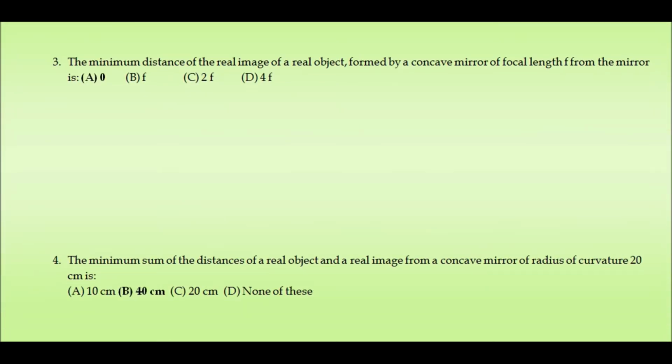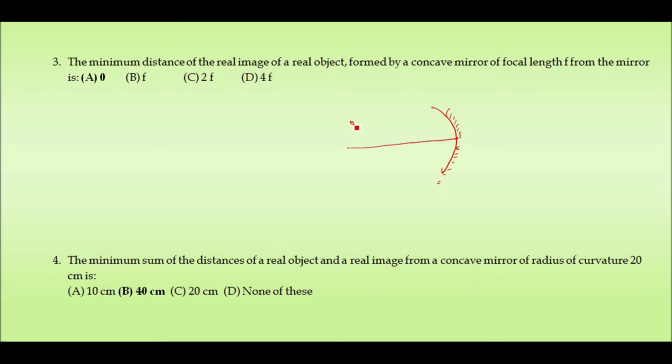Now the third problem: the minimum distance of a real image of a real object formed by a concave mirror of focal length f from the mirror. It asks what is the minimum distance between the real image and the real object in case of a concave mirror of focal length f.